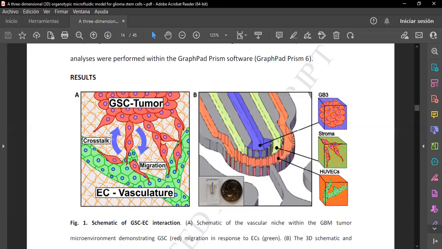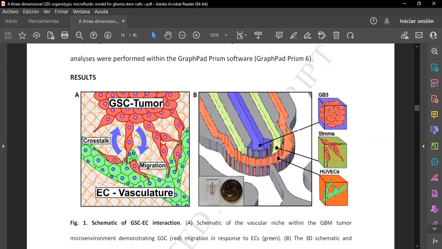Okay, here in this schematic image, you can see the design of the device that has a central chamber where GB3 cell lines, glioblastoma cell lines, were cultured, a stroma layer with hydrogel to mimic an extracellular matrix, and a peripheral chamber where HUVEC cells are cultured.